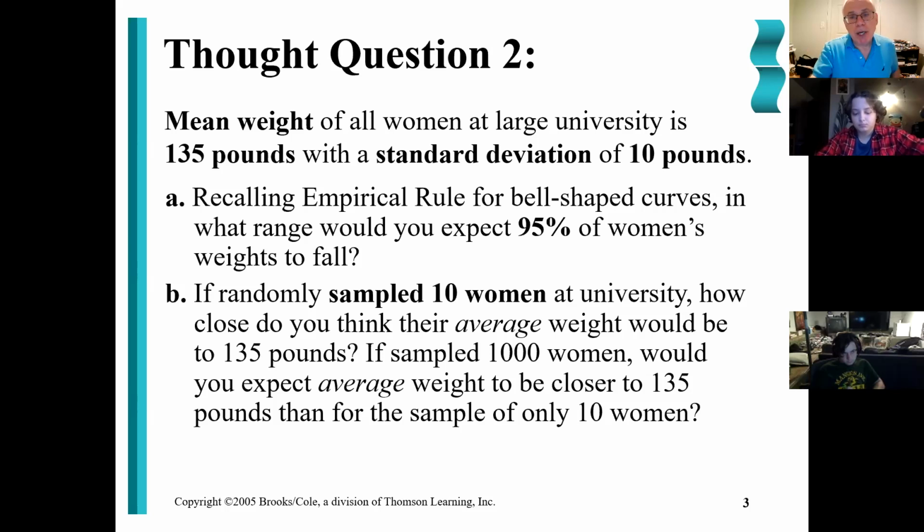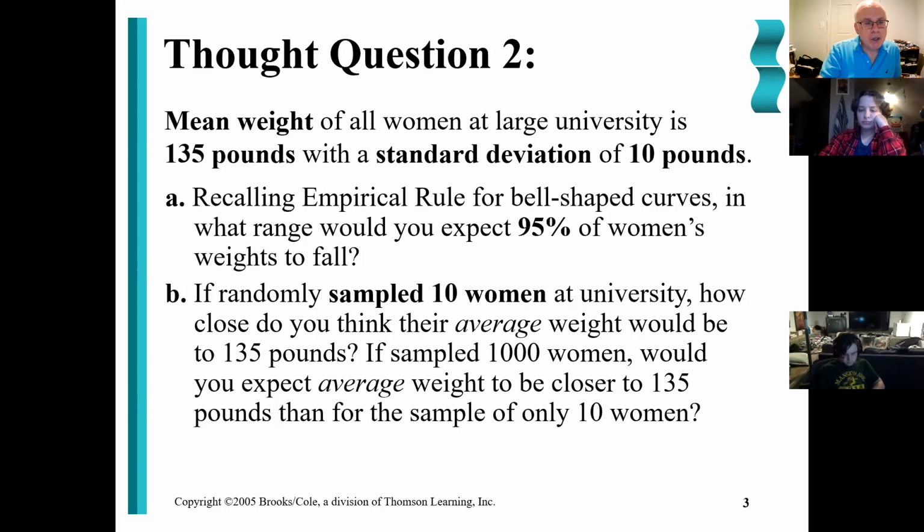Well, if it's plus or minus 2 standard deviations and a standard deviation is worth 10 pounds, then we're saying 135 pounds plus or minus 20 pounds. When we subtract 20, we get 115. When we add 20, we get 155. So we would say comfortably, we expect 95% of the women's weights to fall between 115 and 155 pounds.